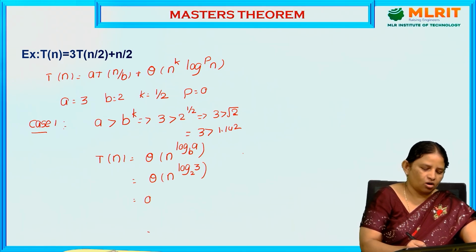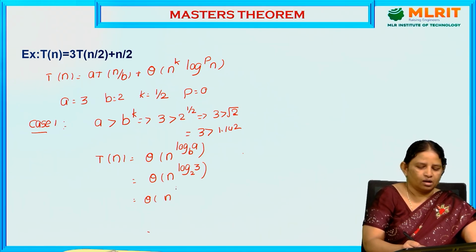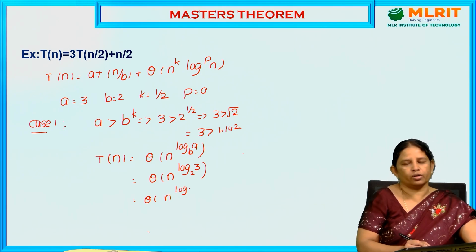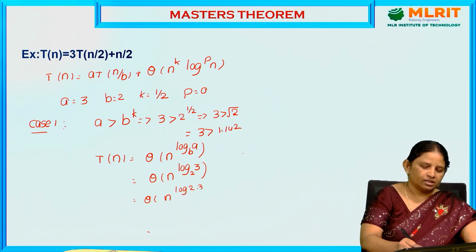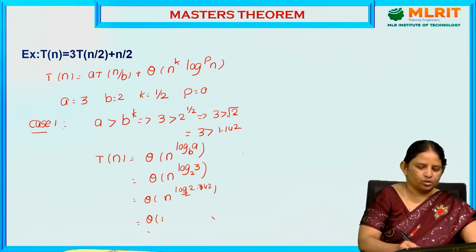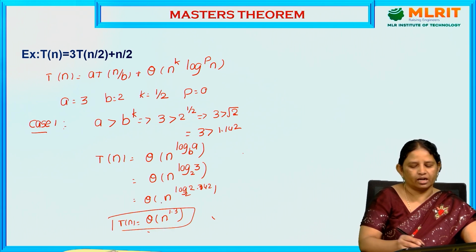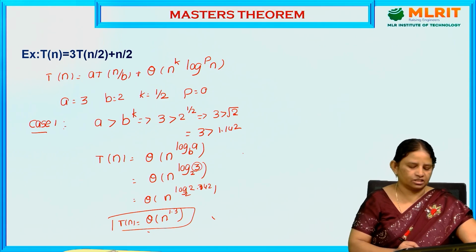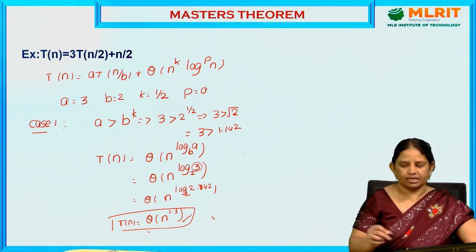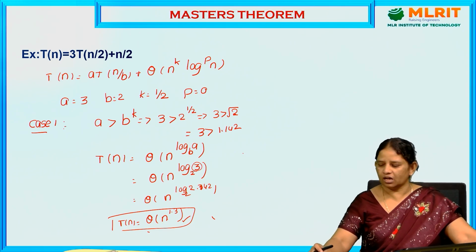So that is theta of n to the power of some 1.3 or like that. That is the time complexity of the recurrence relation. We find the exact value, then the time complexity: T of n equal to n to the power of 1.3 something, that is the approximate time complexity for the recurrence relation.